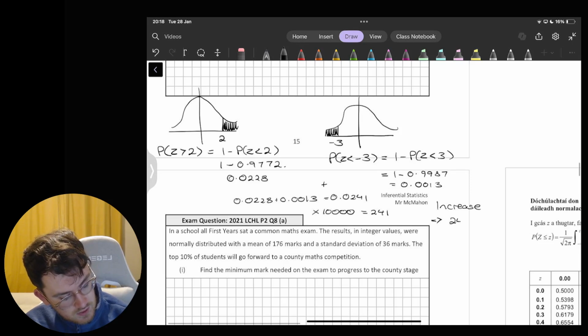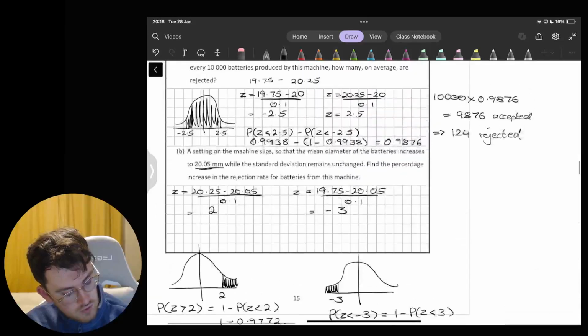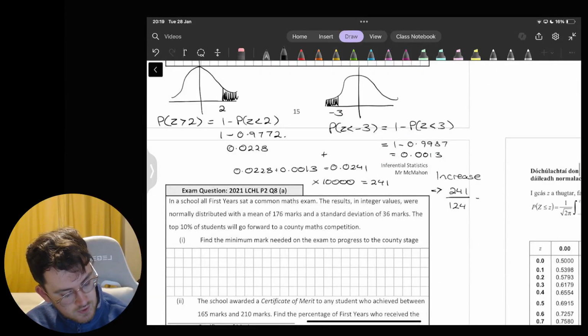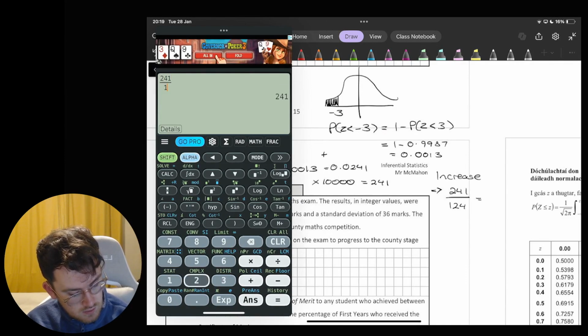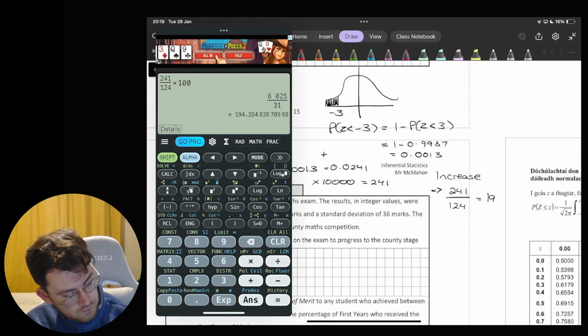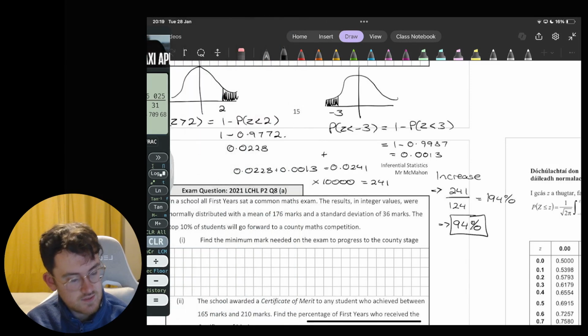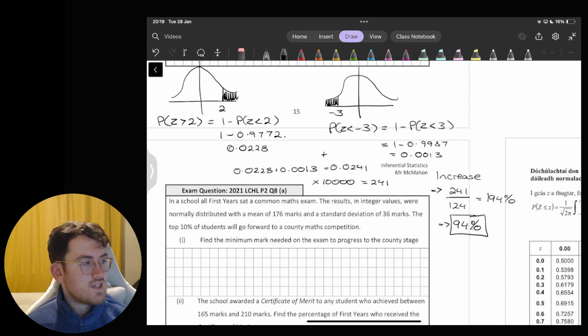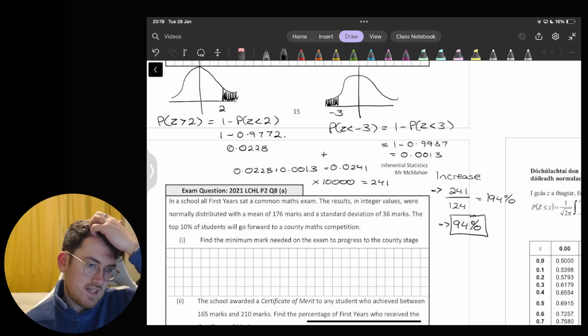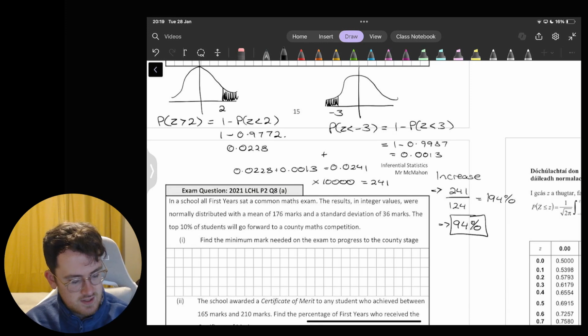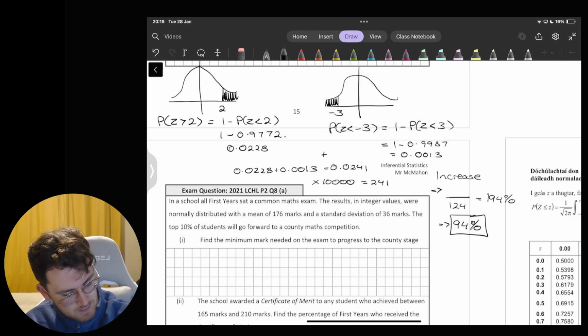So that is a rejection of 241 over our initial rejection of 124, which is 194%, which is a 94% increase, of course. Really, the way that I've calculated that is perhaps a little confusing, so let's make it simpler.